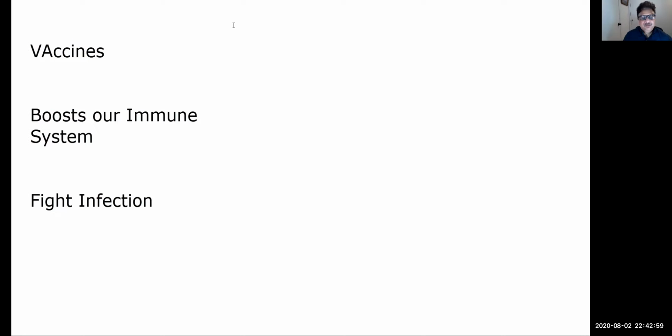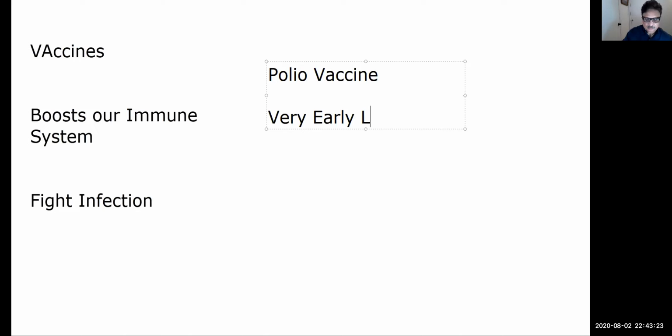So, for example, let's consider one of the most successful vaccines, called the polio vaccine. Polio vaccine or flu vaccine. Right? So in here, the polio vaccine is injected very early in life, maybe first few weeks or first few days after birth.